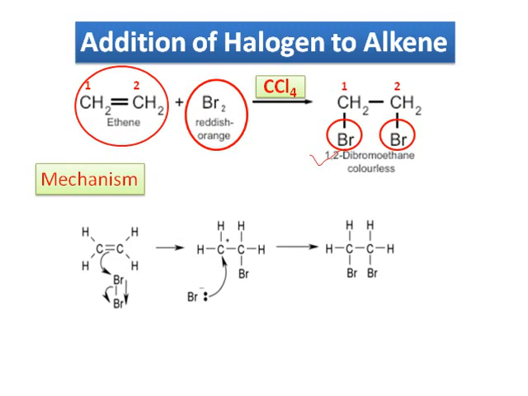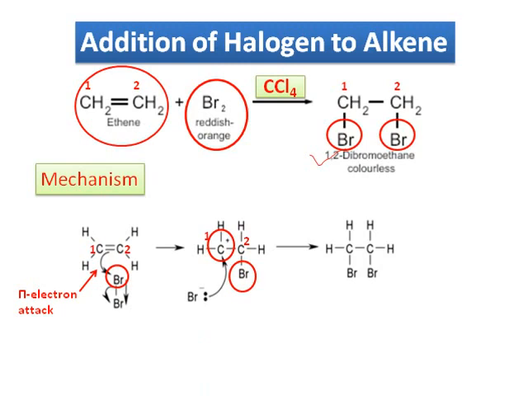What happens here? The pi bond is present between carbon 1 and carbon 2. This pi bond will polarize the bromine molecule. That means this pi bond will attack the bromine molecule, and one bromine atom becomes positively charged, which will be attacked at carbon 2, and the other carbon atom of the alkene becomes positively charged.